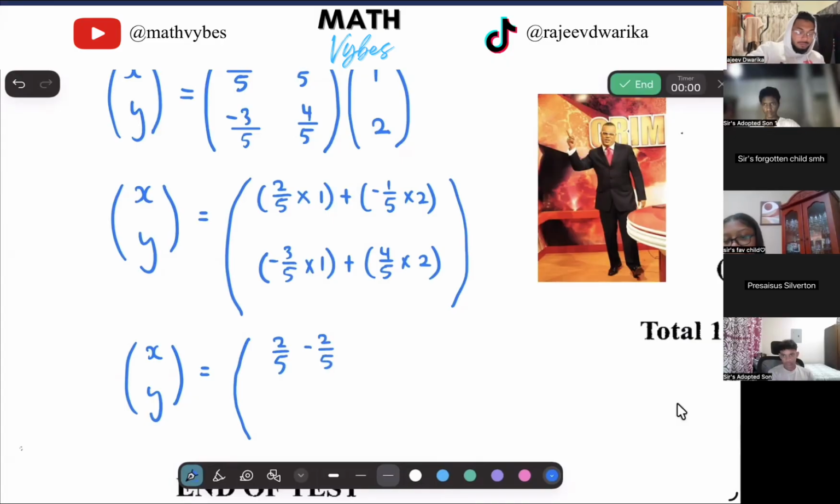Right, let's try to work out the bottom now. What is minus 3/5 by 1? Negative 3/5. Right, because it's by 1. Anything by 1 is itself. You get back the exact same thing. And then we have 4/5 by 2. 8/5.